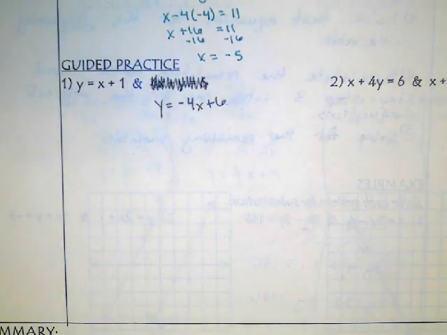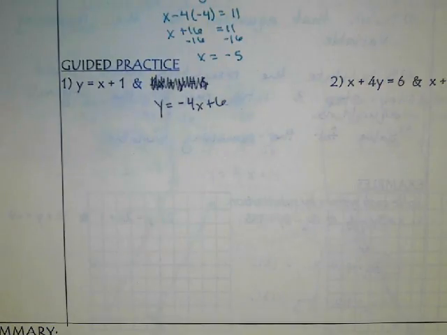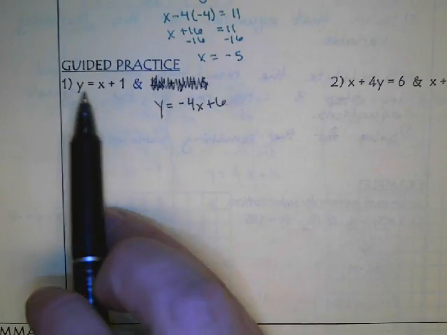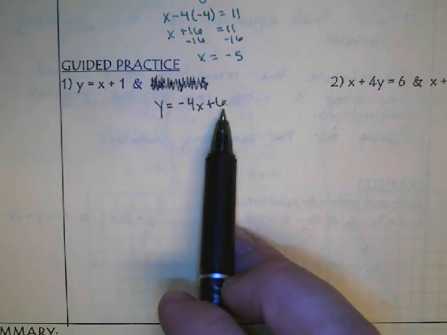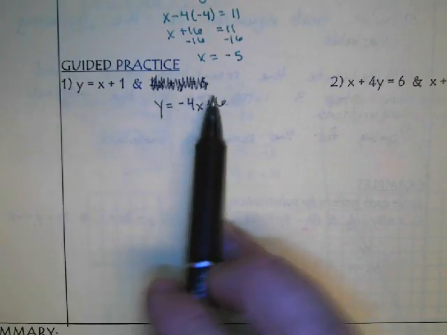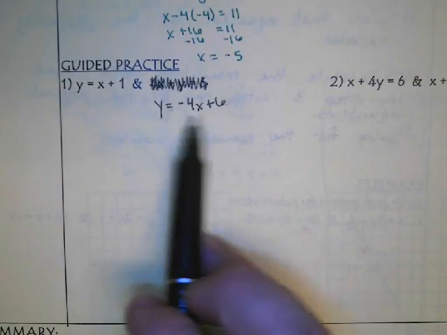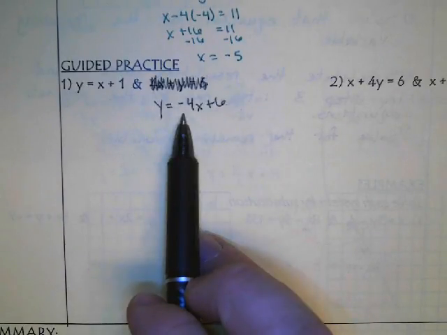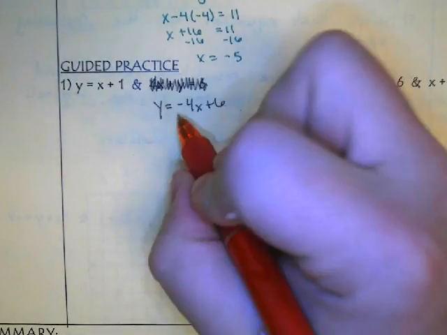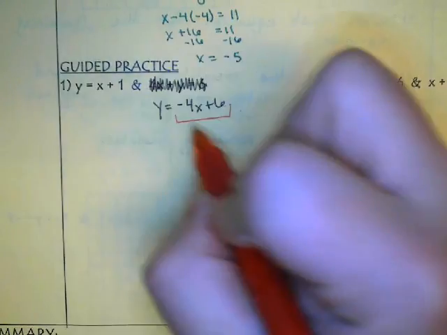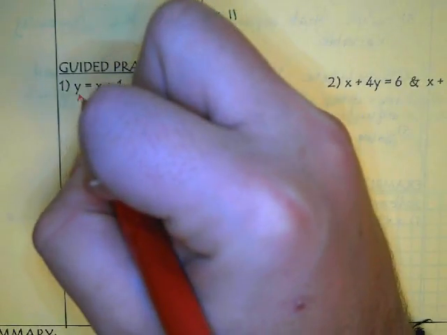I just really want to show this because I've seen people really struggle with this idea before, so I want to make sure we touch on it. Well, if I have y equals x plus 1, and I have y equals negative 4x plus 6, I'm going to just say that I can change this y into this negative 4x plus 6. So we're going to take what our y equals, and we're going to plug it in for that y.